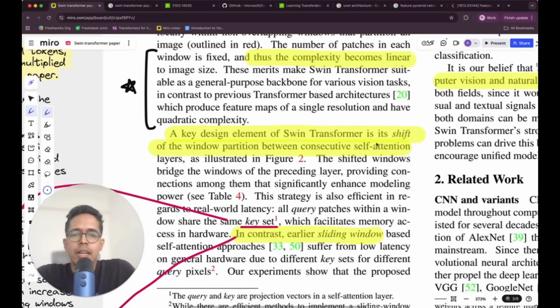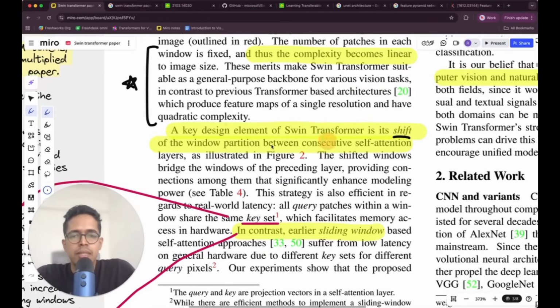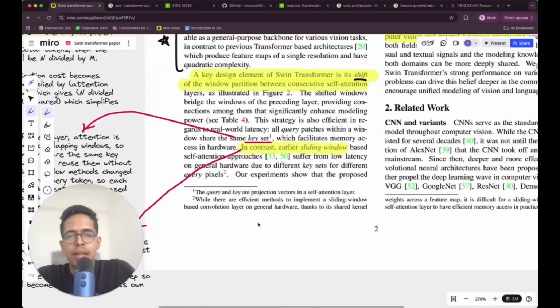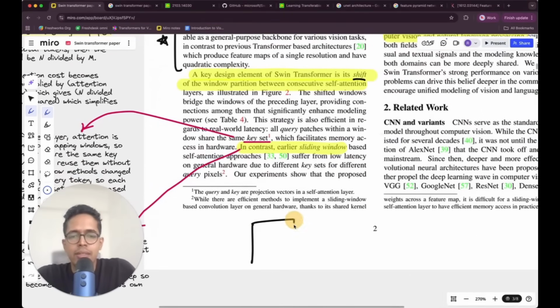A key design element of Swin Transformer is its shift of the window partition between consecutive self-attention layers. I'm sure you don't understand what this means because we are yet to look at the architecture. But in simple terms, the transformer architecture in Swin has two blocks.